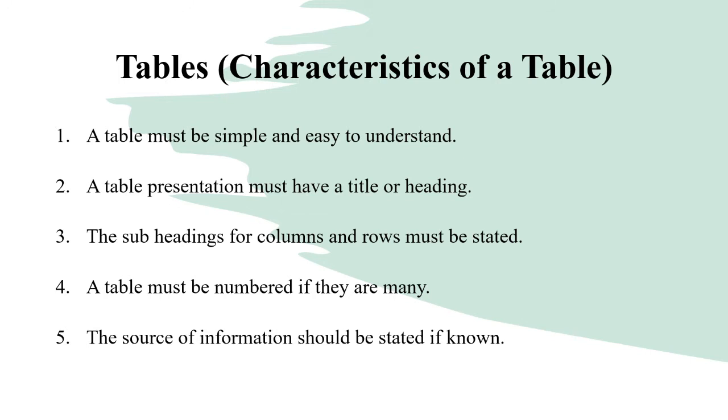Another attribute of a table is that a table must be numbered if there are many, for easy understanding in terms of reference, where you can easily refer to information based on the number. For example, table number 20, column and row.